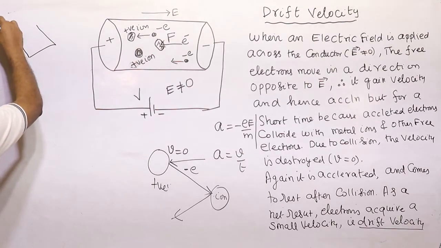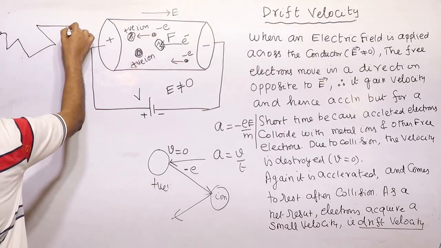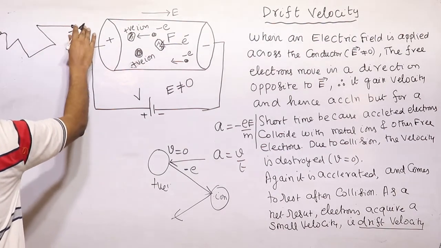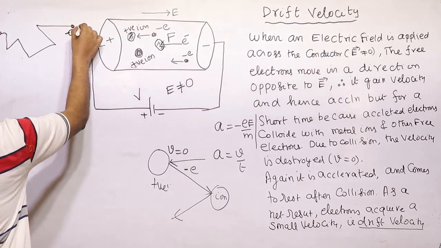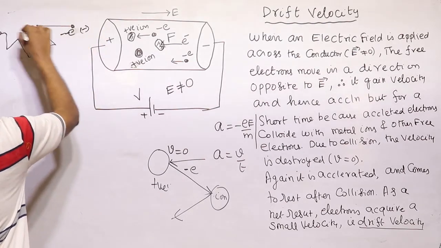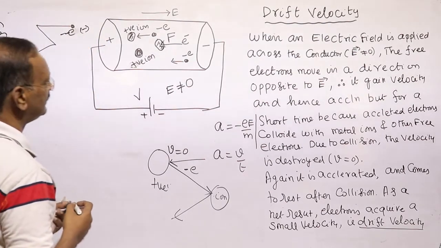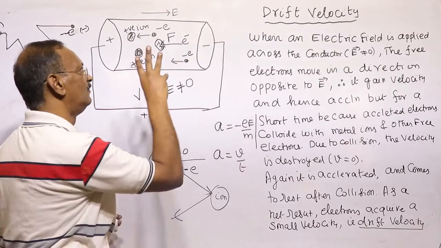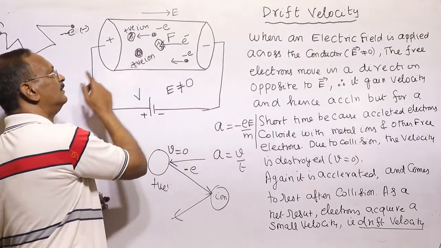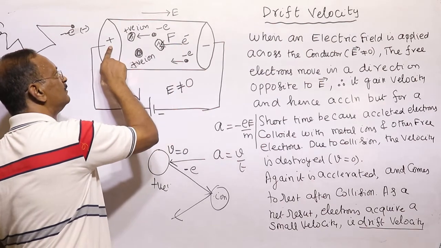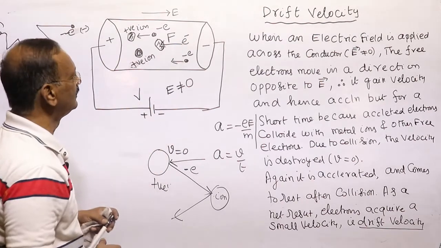The electron from the negative end reaches the positive end. After drifting, it acquires a small velocity because of the pull towards this side. The electron is pulled by the positive end, but it will not reach straight away.